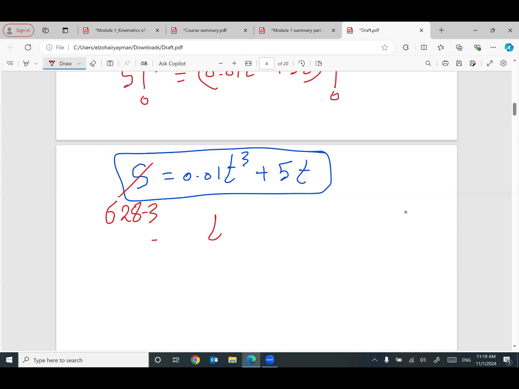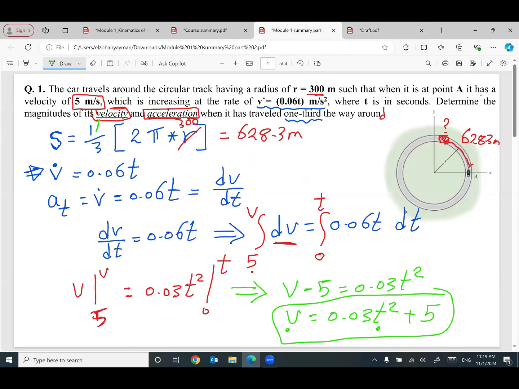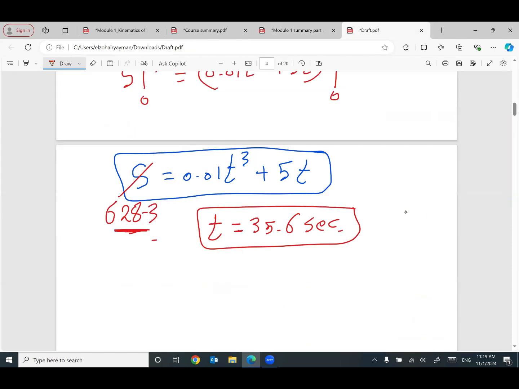So I can figure out the time when the car traveled this distance. So the time will equal 35.6 seconds. So I can say we need to figure out what is the velocity and the acceleration when the time became 35.6 seconds.